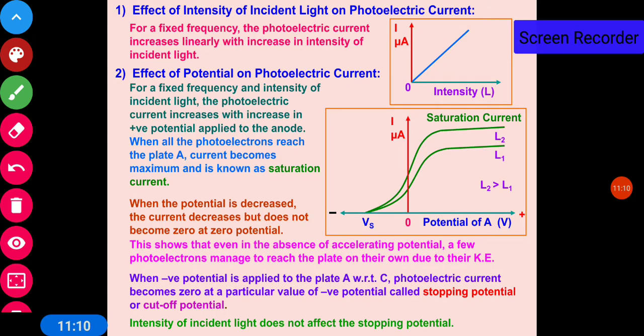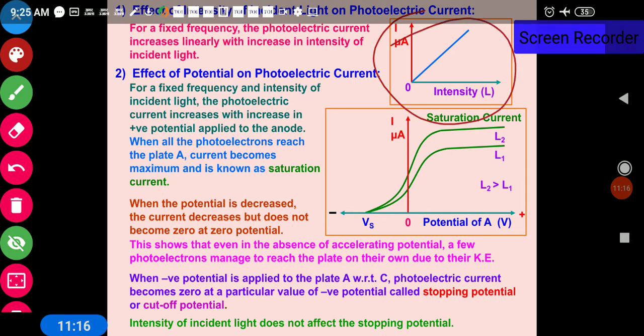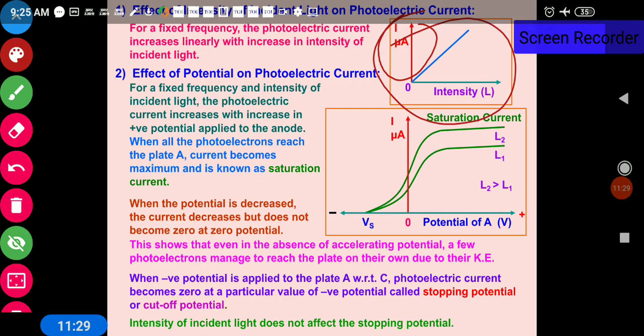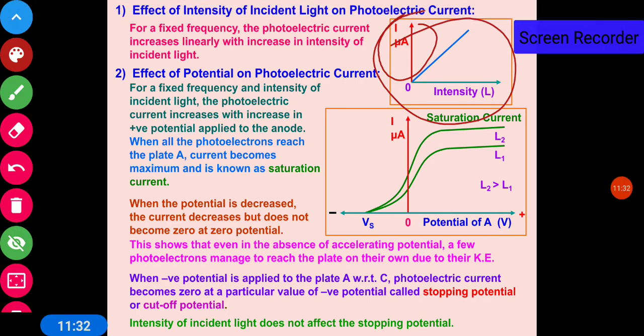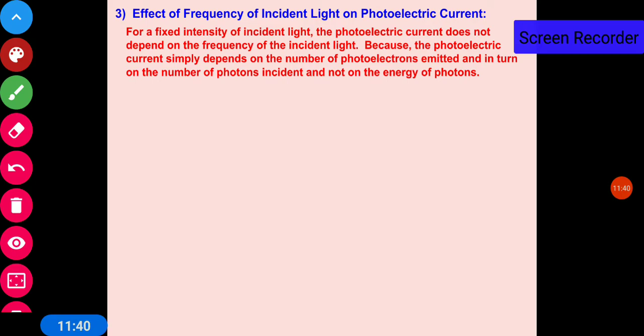Now, when intensity is increased, the photocurrent is increased. But when the frequency of the light photon is increased, which means its energy is increased, it is noticed that the photocurrent does not increase.